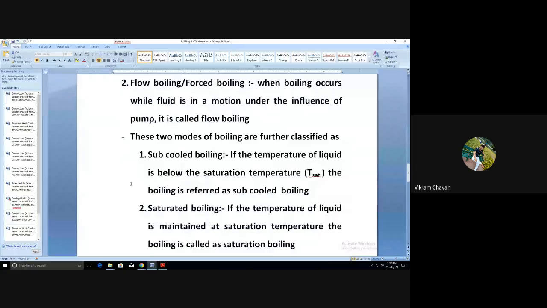In that you can write, when boiling occurs while the fluid is in motion under the influence of a pump, it is called flow boiling.